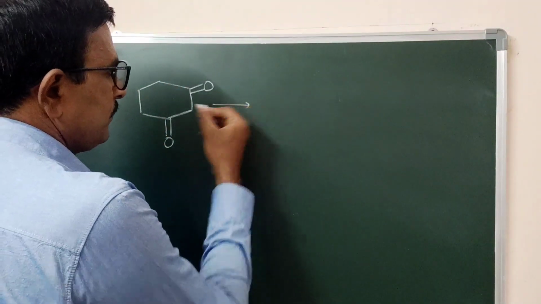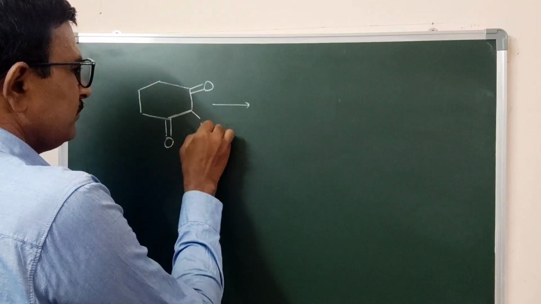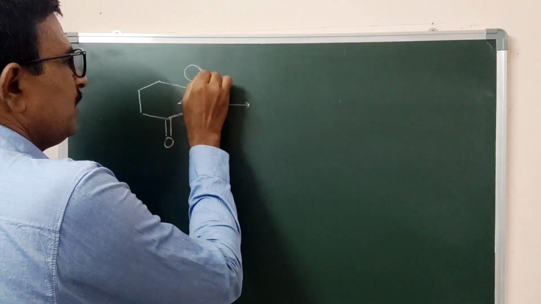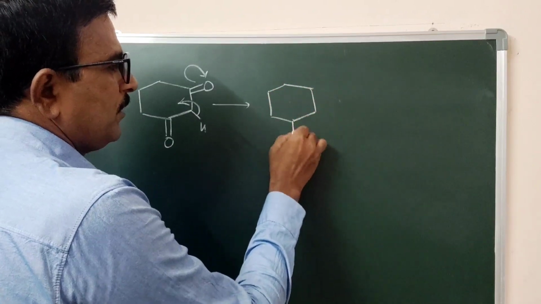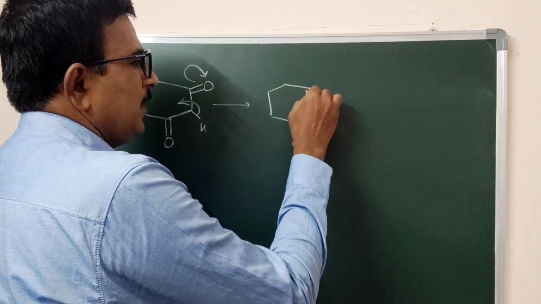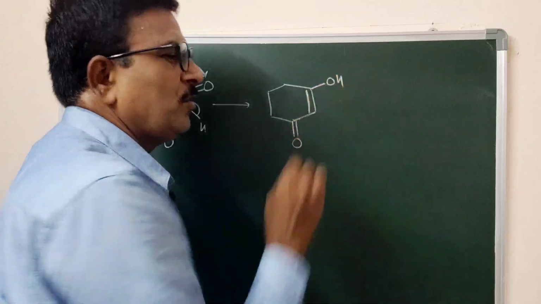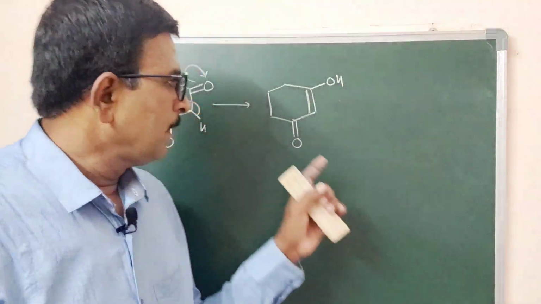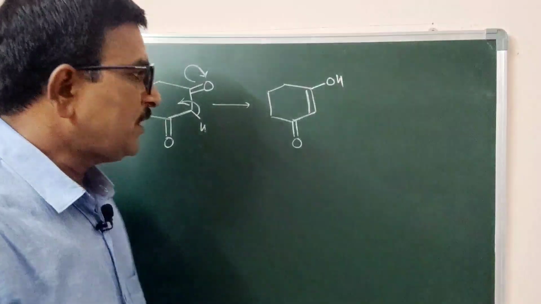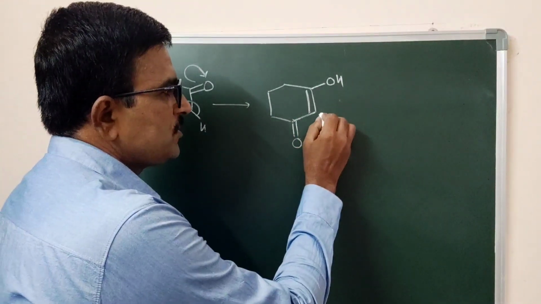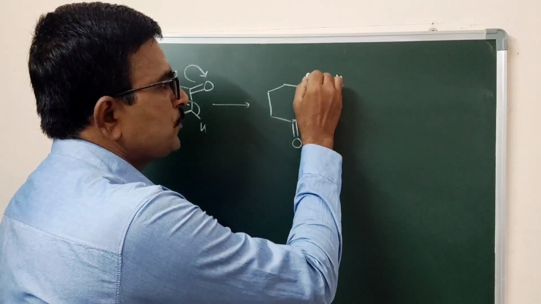Now conversion into enolic form. Double bond over here, here double bond, this is OH group. Now this is enolic form of 1,3 diketone. With respect to C double bond O, this position is alpha, this position is beta.